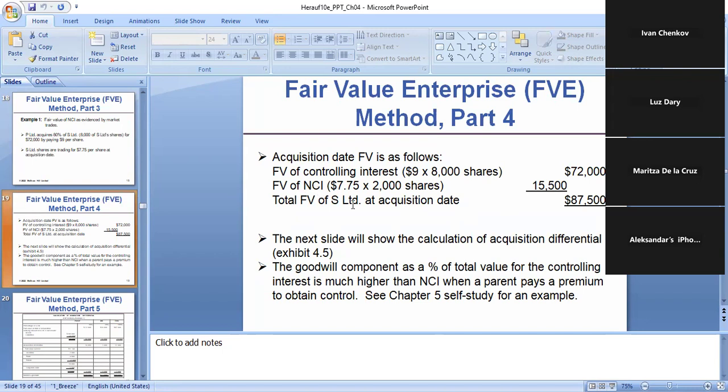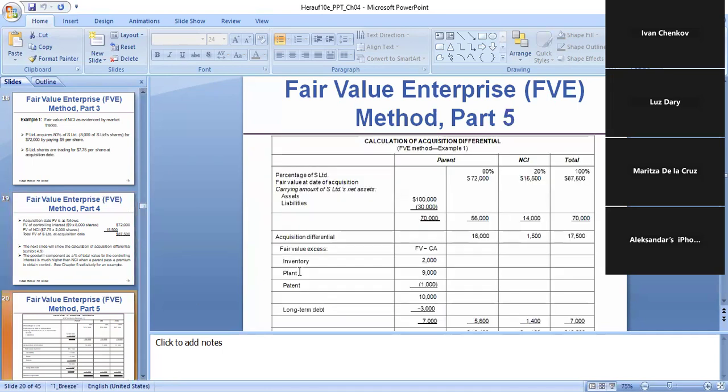Since we know that the shares are currently trading at $7.75, that will give us a non-controlling interest of $15,500. So at the acquisition date, the fair value of the company is $87,500. Make sense? So far, nothing scary.